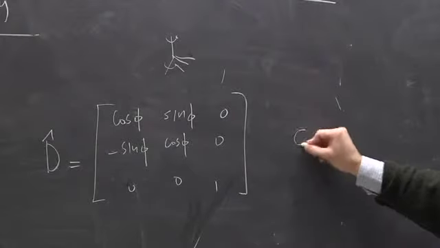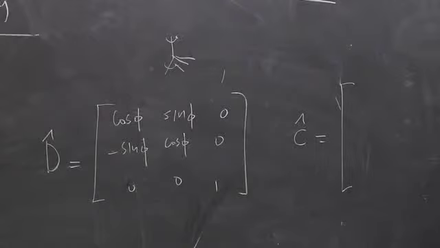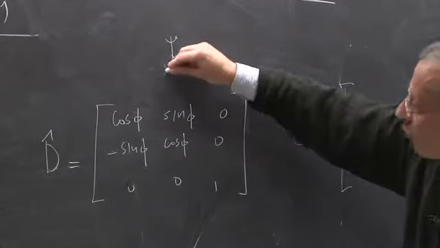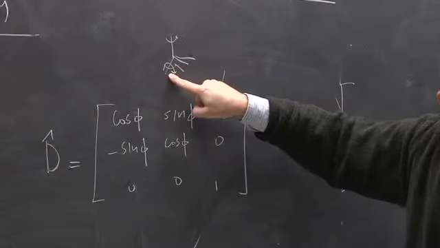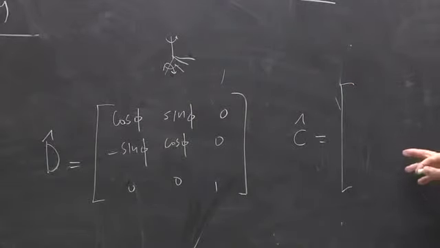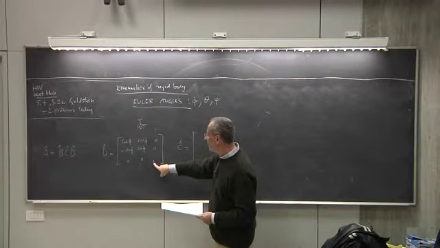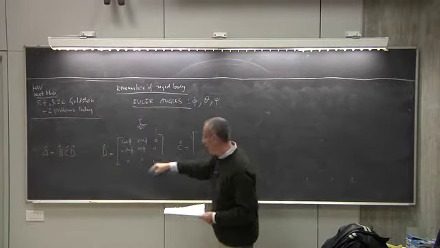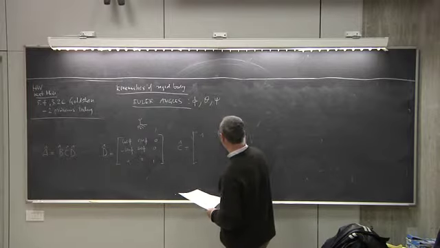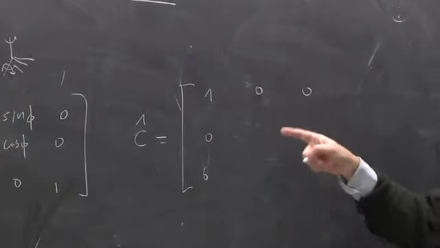How about C, the matrix C? Remember, the matrix C was the one in which I rotated about this axis, and that is the x-axis. So this is a rotation about the x-axis. So you see, the axis that remains the same is the 1, 0, 0. So now it's 1, 0, 0, 0, 0, and the cosine and sine things are in here.